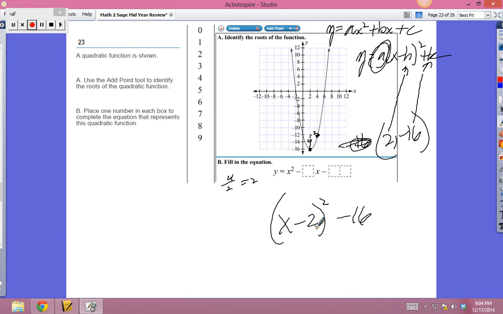Maybe that will work. What we could do, and this is a smart thing to do, if we think that it's 2, is type this in on the calculator.